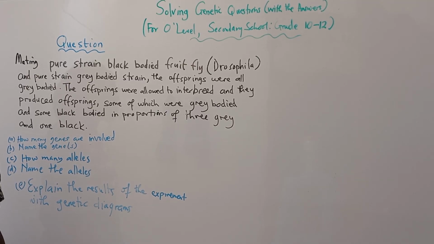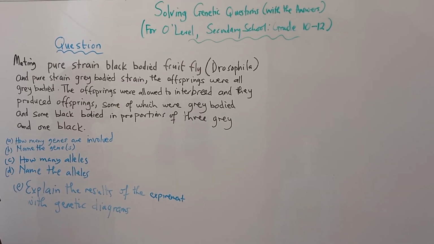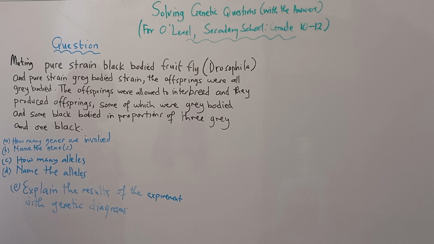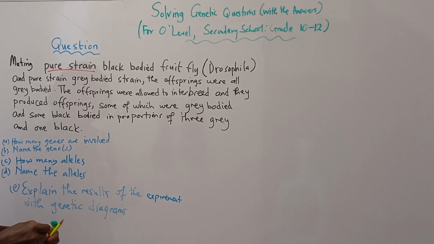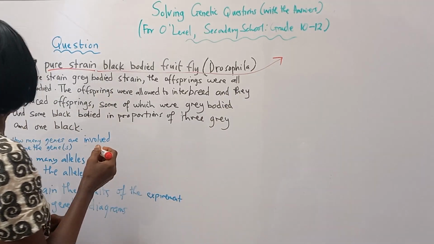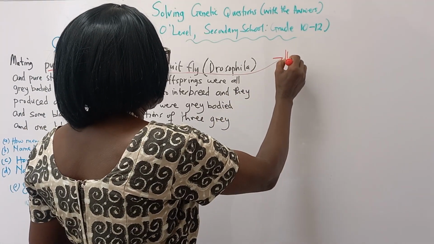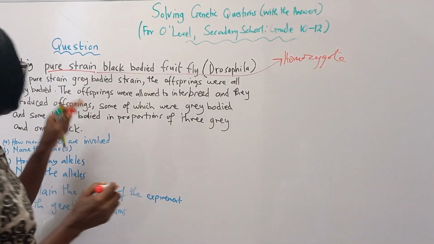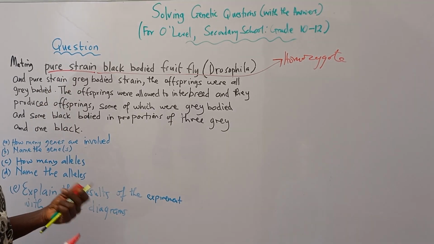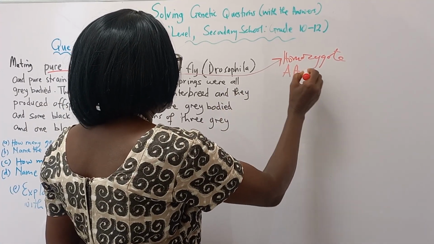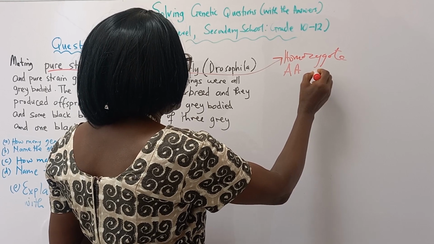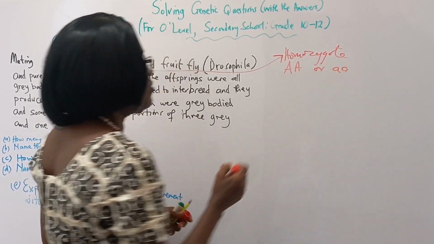When you read genetic questions, there are clues. So in this one, mating pure strain means we are dealing with a homozygote and we decide to use a letter A, then it means we are dealing with some individual with either big A, or small a.